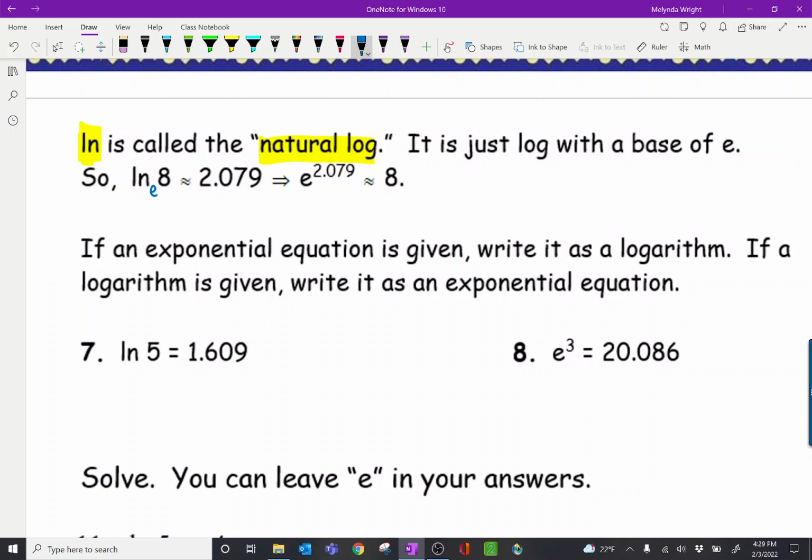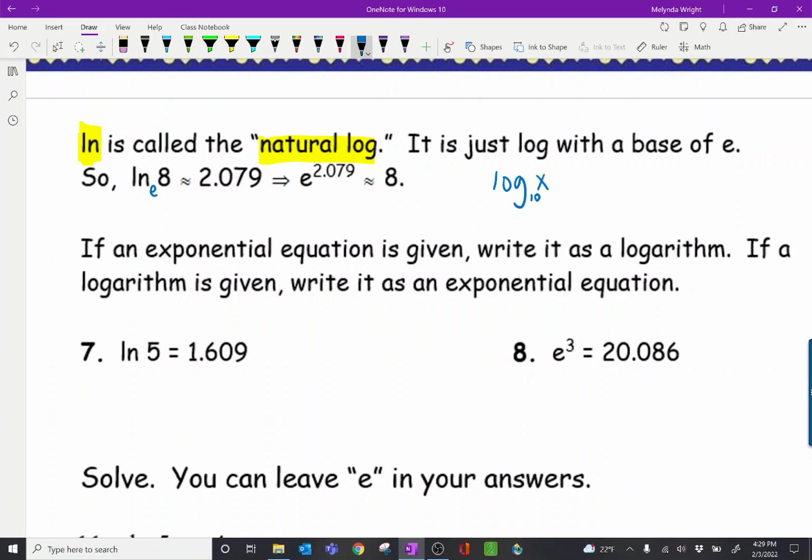That's an implied e. Some students really like to write it, so you can write that if you want to. You don't have to. Like if you recall, we talked about log. If log, let's say log of x, doesn't have a base written, do you remember what the implied base is? Yep, that's right, it's a 10. Okay, so ln has an implied base of e.